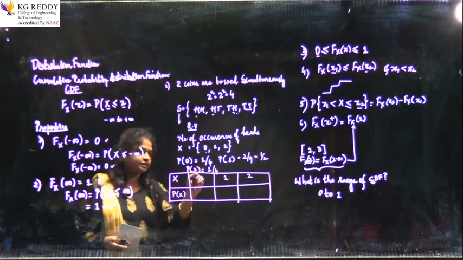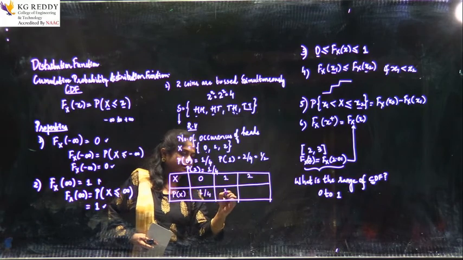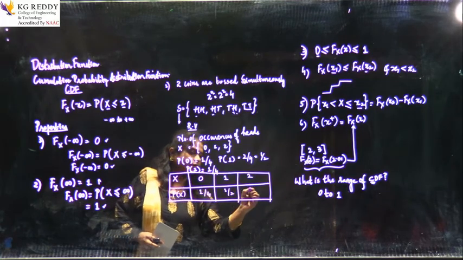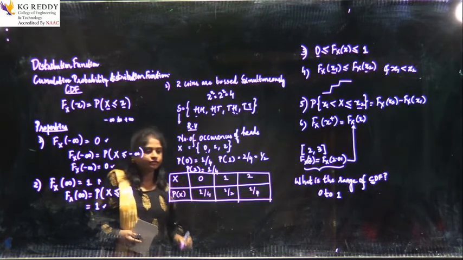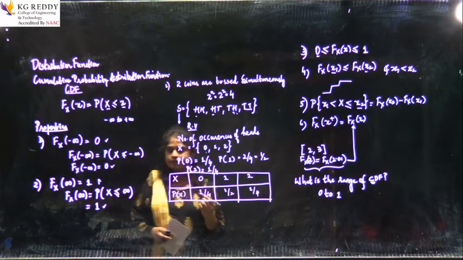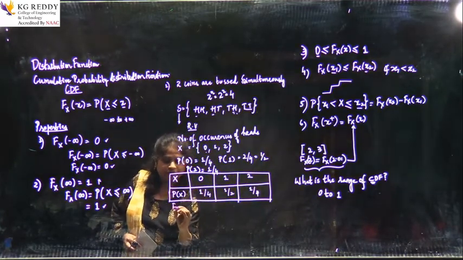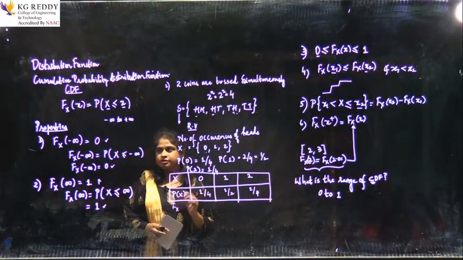When x is 0, it is 1 by 4. When x is 1, 1 by 2. When x is 2, 1 by 4. Like this we will be defining all the probabilities. Now, our aim here is to calculate Fx, that is the cumulative distribution function.